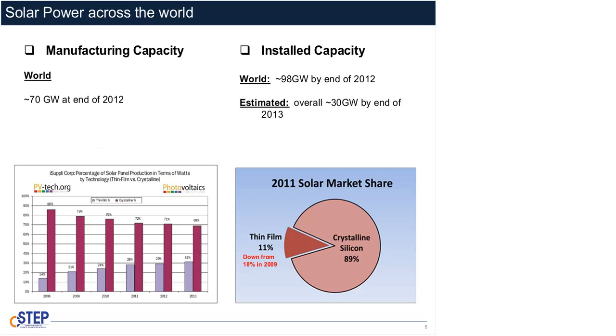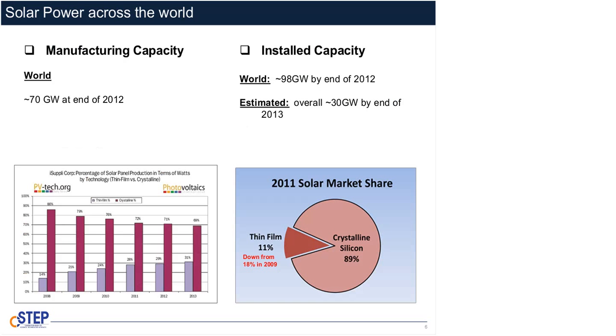Now I will do a quick comparison of the manufacturing capacity and the installed capacity, technology-wise, in the world and in India. As you see on the left-hand side, the current manufacturing capacity across the world is 70 gigawatt. In the bar graph, in the year 2012, 29% of manufacturing capacity is for thin films and the remaining 71% is for crystalline PV.